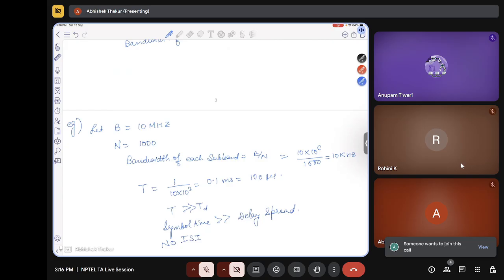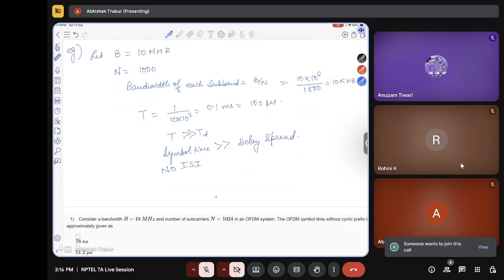It increases the symbol duration, which is much greater than the delay spread. So the delay spread does not affect it, and the inter-symbol interference is minimized. Such a system with multiple subbands and multiple subcarriers is known as a multi-carrier modulated system.